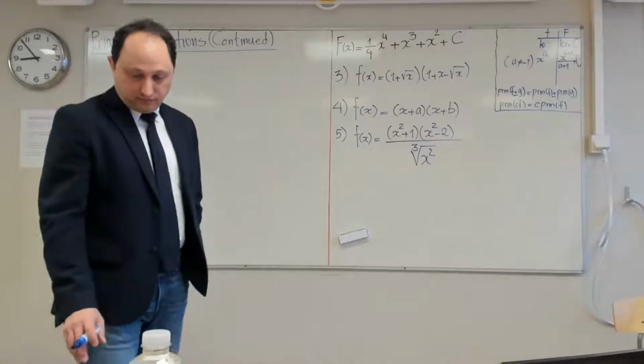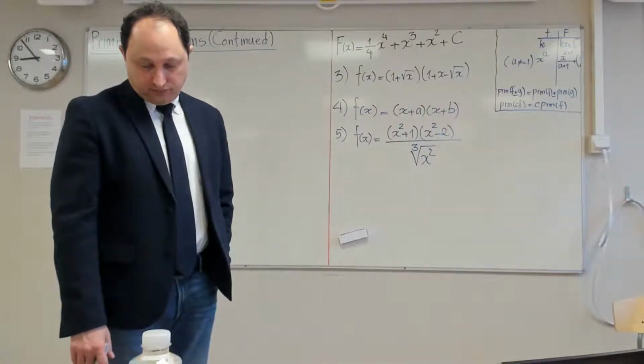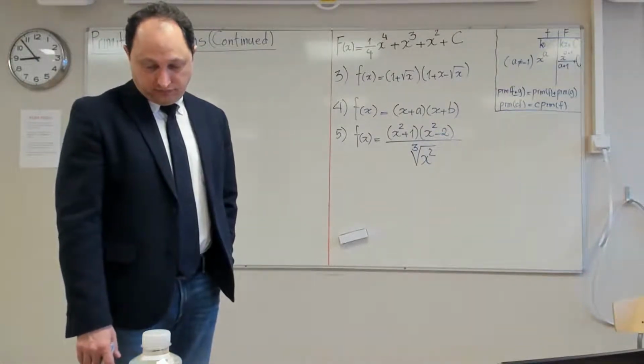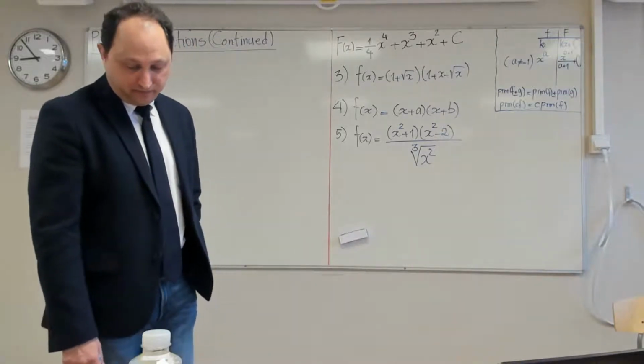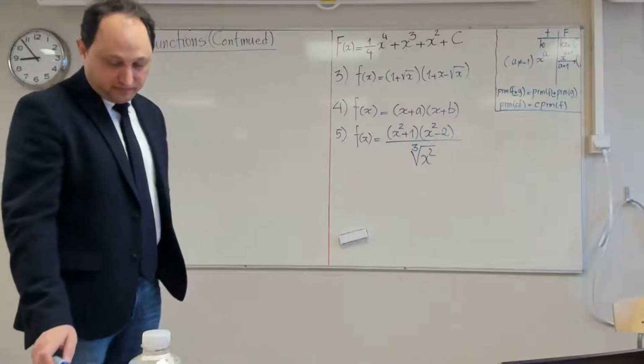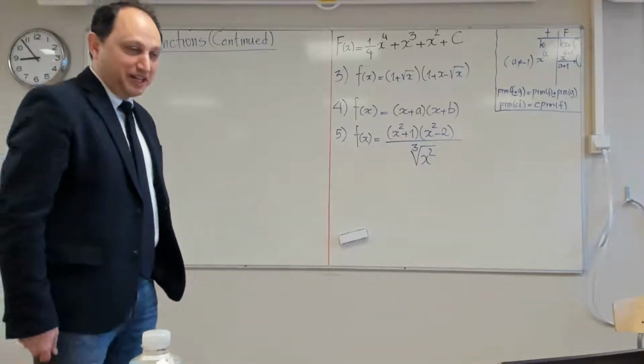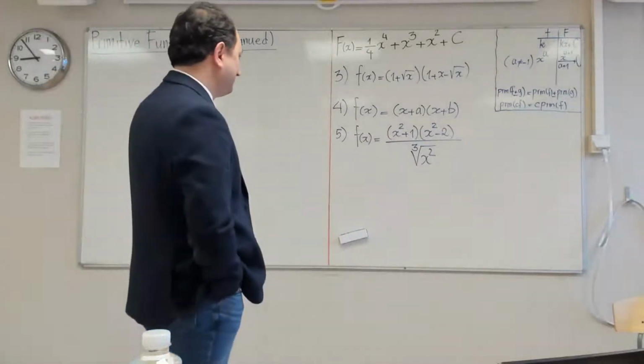I think the answer is 2/5 times x to the power of 5/2 plus x plus c. Yes, that's correct. Thank you. But you can make it a little bit more beautiful.